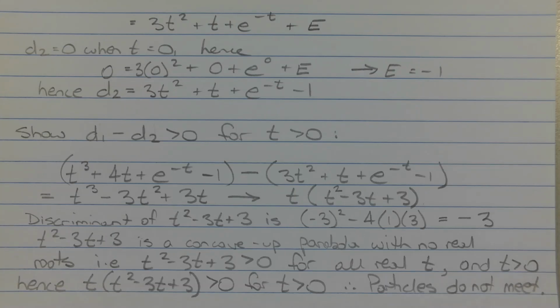Now because the discriminant is negative and t squared minus 3t plus 3 when graphed is a concave up parabola with no real roots, in other words, it won't cross the x-axis, it's going to be positive for all real t. And I've stated that here. And we're also given that t is greater than 0. Hence, t times t squared minus 3t plus 3 in brackets is greater than 0 for t greater than 0. Therefore, the particles do not meet.